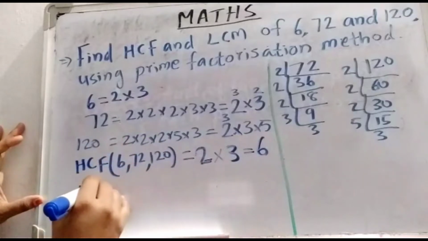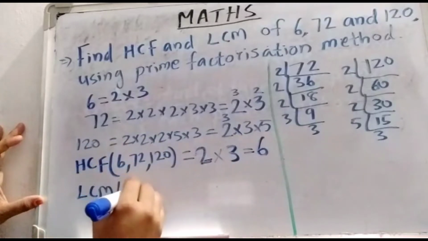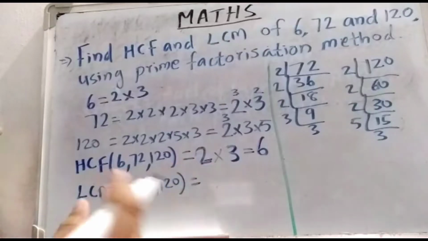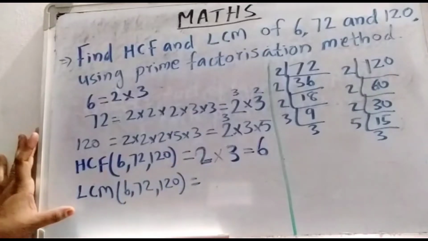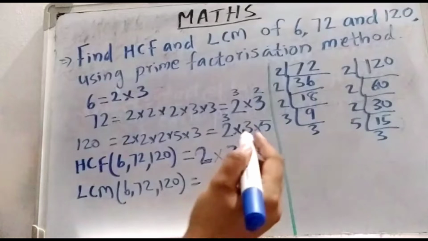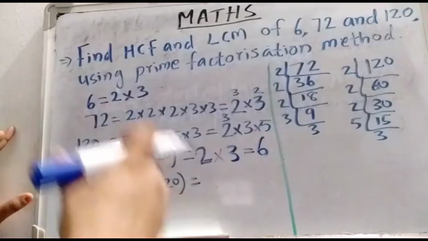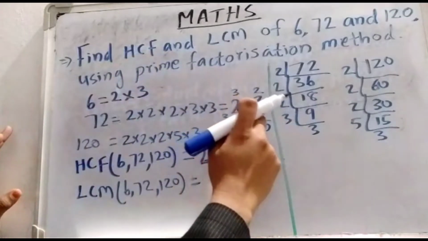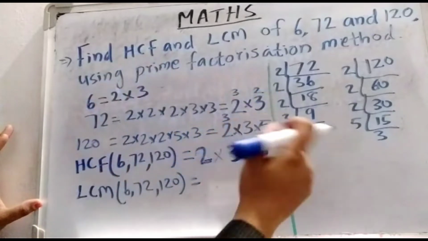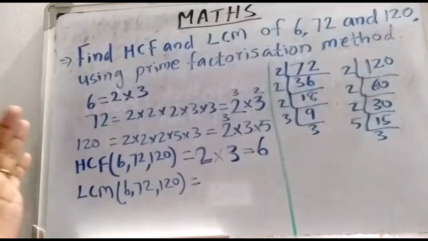Then the LCM of 672 and 120. It is the product of the greatest power of each prime factor, not only the common ones. So to find the LCM, consider all the prime factors: 2, 3, and 5.